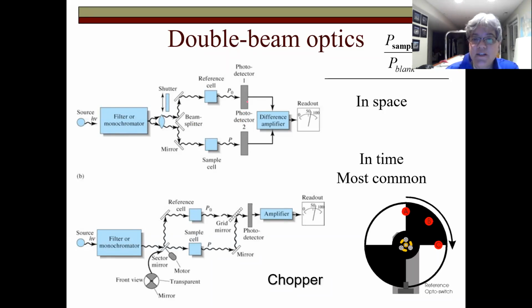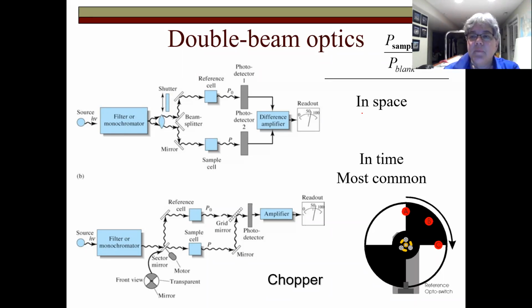And then I have two detectors that are matched that give you the same response. And what you're going to do then is compare the signal from the reference to the signal with the sample. And these are made at exactly the same time. So if that reference changes, you'll always know, because you're always measuring sample and reference exactly together. Okay, so that's called in space.